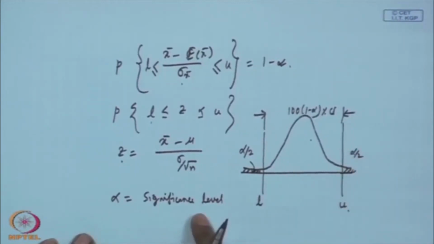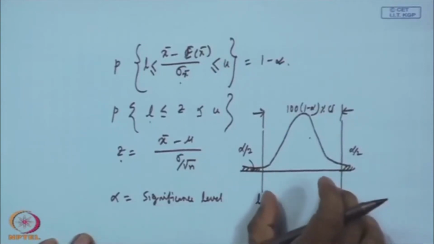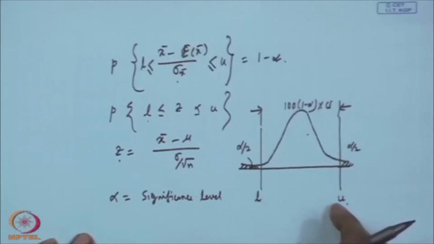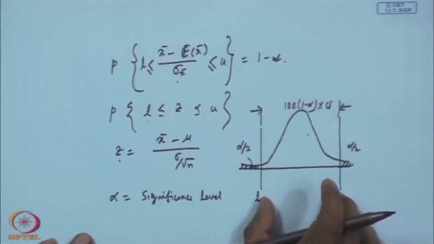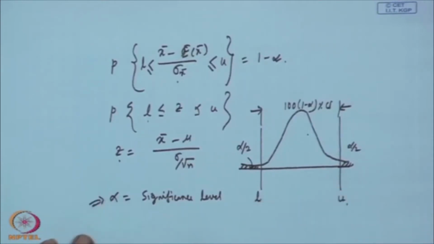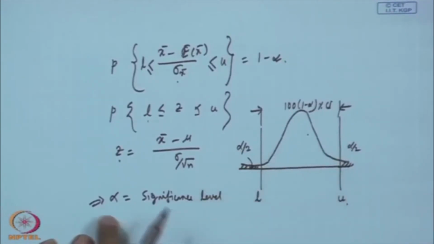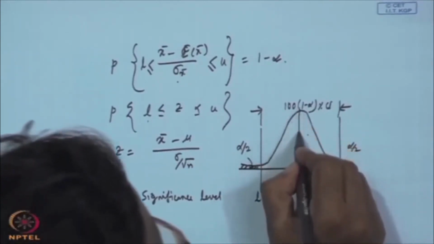So, what does the level of significance alpha indicate? It indicates that if I consider L to U as the confidence interval, then the error you are accepting is alpha. What is this error? It is the probability that the true mean lies in this hatched portion, that is alpha percent probability. Okay. So, now how do we get this L and U?